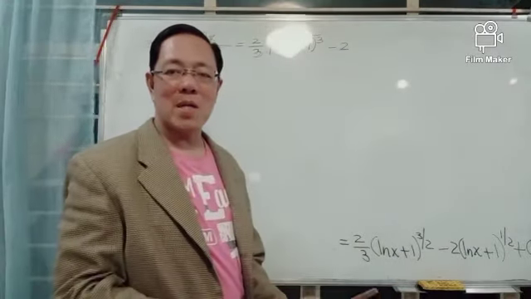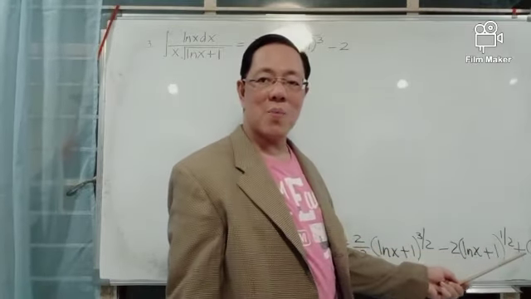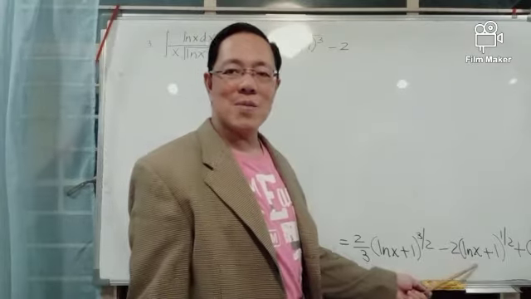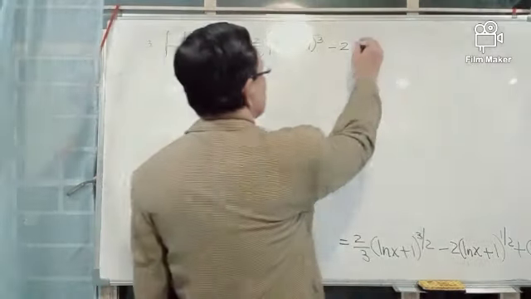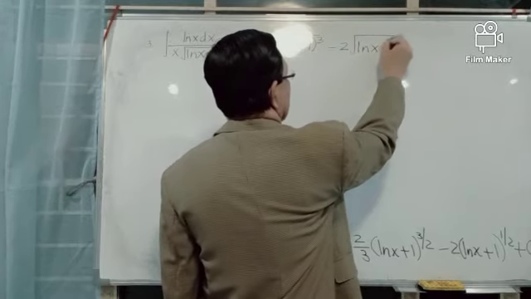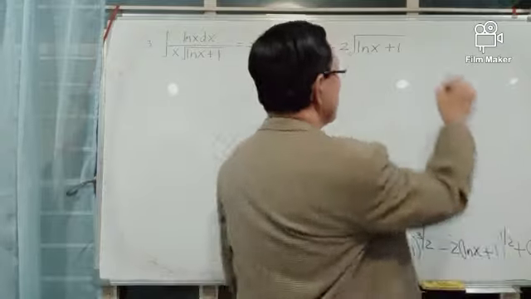Again, by property of radical, ln x plus 1 raised to 1 half is the same as the square root of ln x plus 1. Square root of ln x plus 1, plus the constant of integration c.